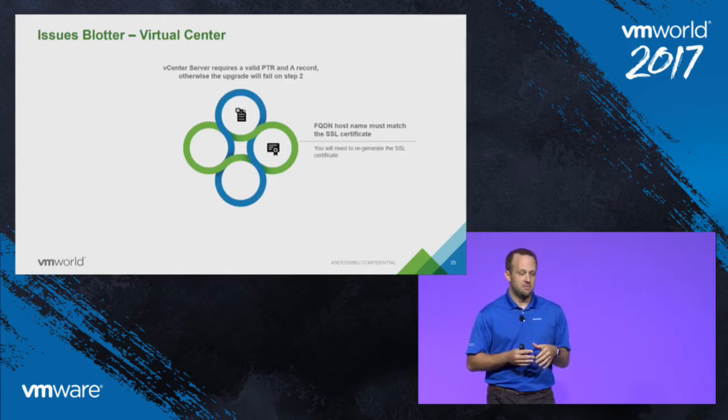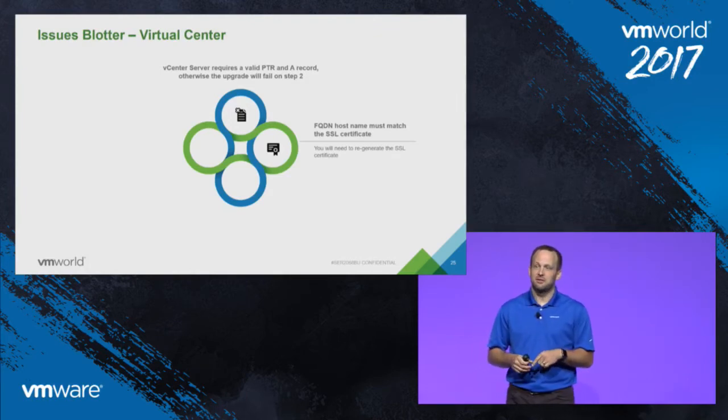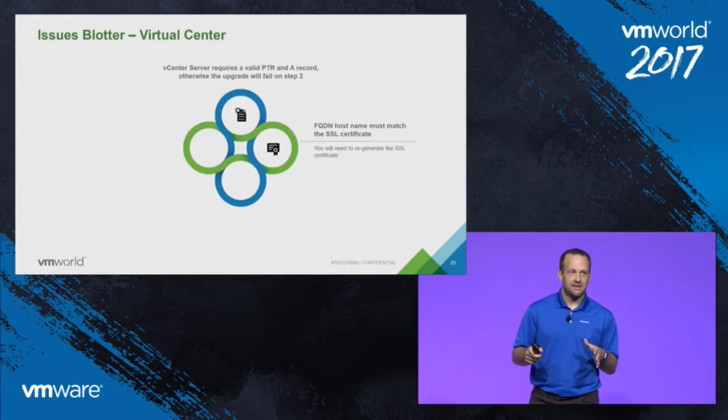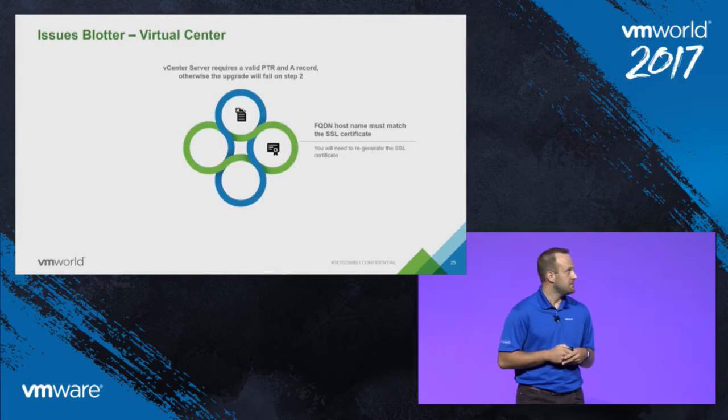You can have an SSL certificate in Windows with upper and lower case all the way throughout it. Linux cares. The appliance cares. So you need to have an SSL certificate on that Windows Virtual Center that is all lowercase. Otherwise, you're going to get a certificate name mismatch when you upgrade to the Linux appliance.